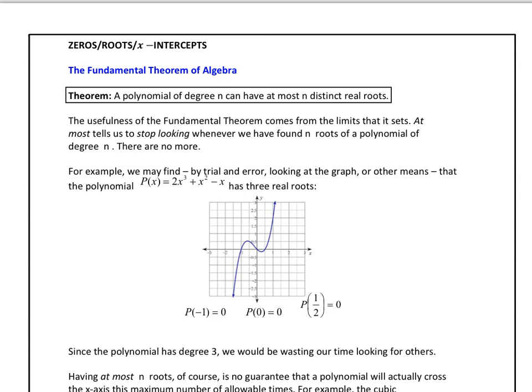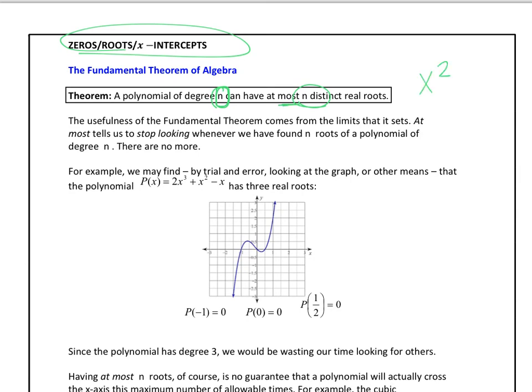So we looked a little bit at zeros, roots, and x-intercepts the other day. They all mean the same thing, so you have to understand that these words are interchangeable. And there's this fundamental theorem of algebra that says that a polynomial of nth degree, so it could be like the second degree or third degree, x to the third, x to the fourth, of n degree can have at most n distinct roots, right? Makes sense.